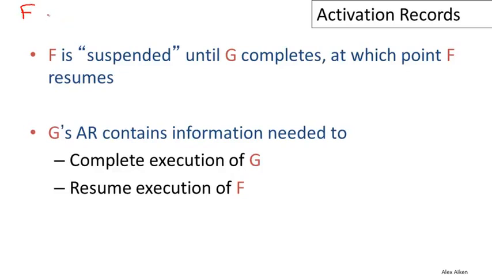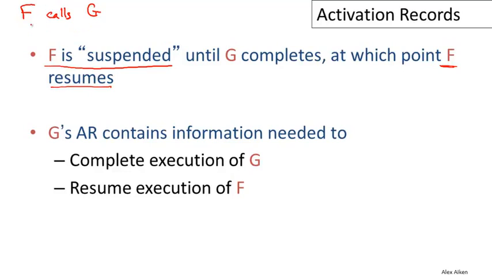Let's consider the situation where procedure F calls procedure G. Conceptually, what happens when F calls G is that F is suspended. F is going to stop executing while G is running, so G is going to be using the processor and all the resources of the machine. But when G completes, we want to start executing F again. F is going to resume. So in between, while G is running, we have to save the state of the procedure activation of F somewhere so that we can resume it properly.